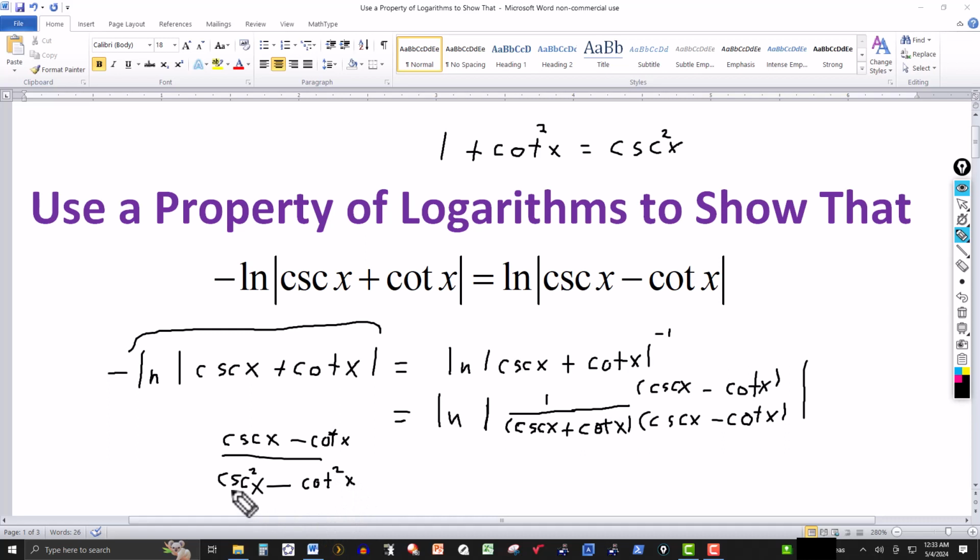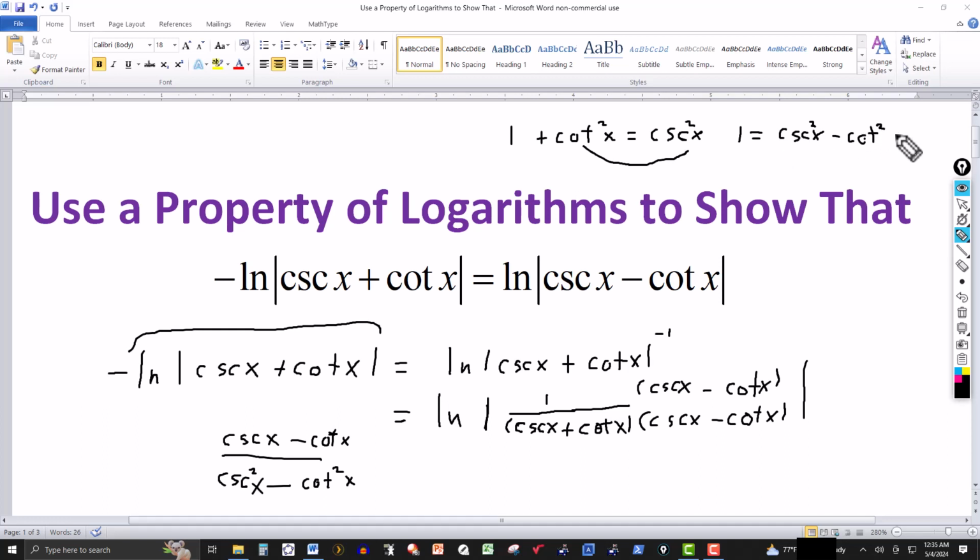But what is cosecant squared of x minus cotangent squared of x? So from this identity right here, 1 plus cotangent squared of x is equal to cosecant squared of x. If I bring this over to the other side, in other words, subtract it from both sides, I get 1 equals cosecant squared of x minus cotangent squared of x.